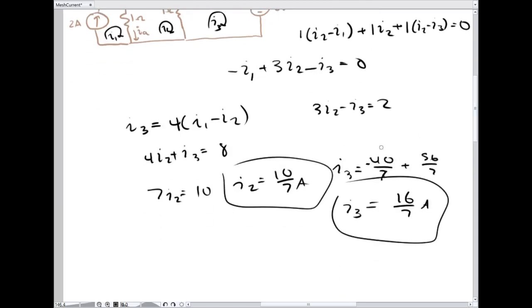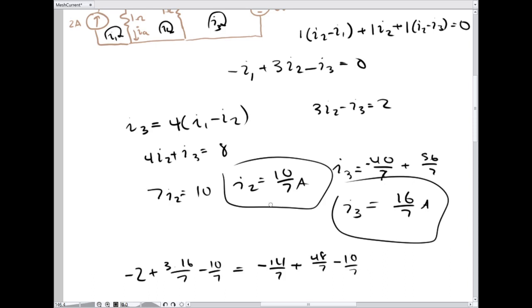So minus 2 plus 3 times 16 over 7 minus 10 over 7 is equal to minus 14 sevenths plus 48 sevenths minus 10 sevenths, which is not 0.